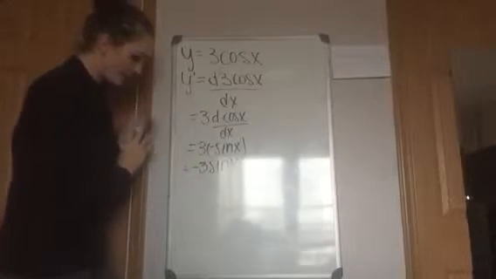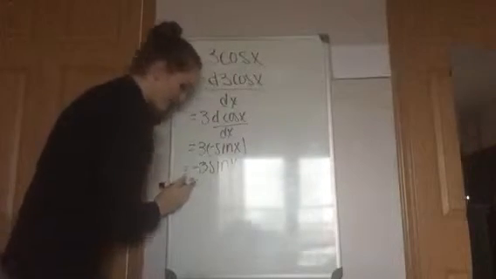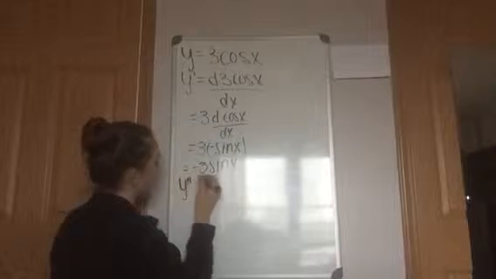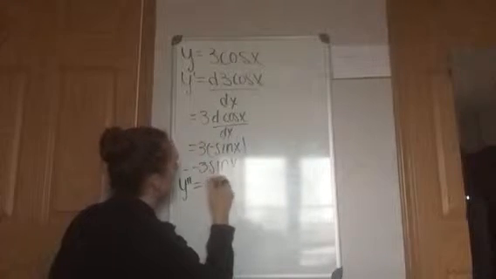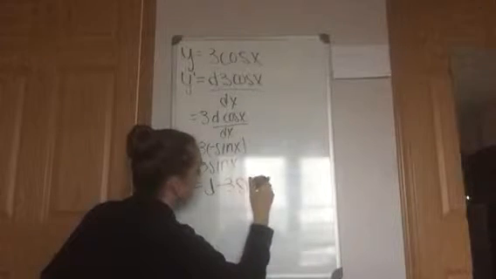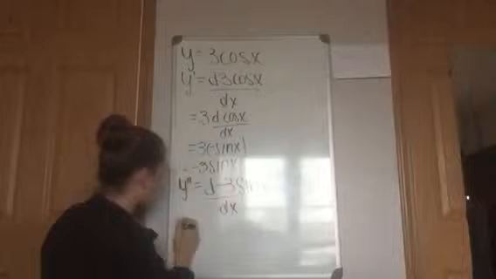And then to find our second derivative, we just take the derivative of this. So y double prime equals the derivative of -3 sine x with respect to x.